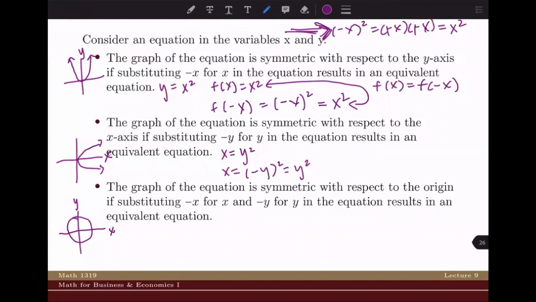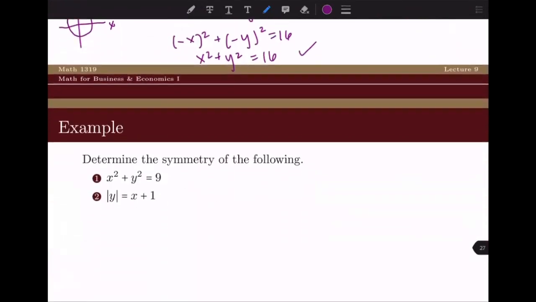If we have x squared plus y squared equals 16, for example, this equation of a circle, and you plugged in negative x for x and negative y for y, well, remember that negative x squared is equal to x squared, and negative y squared is equal to y squared. So this checks out. All right, moving on.